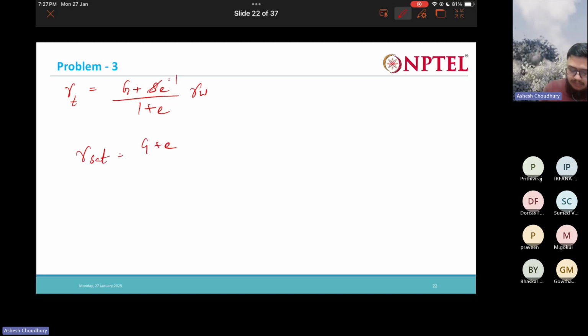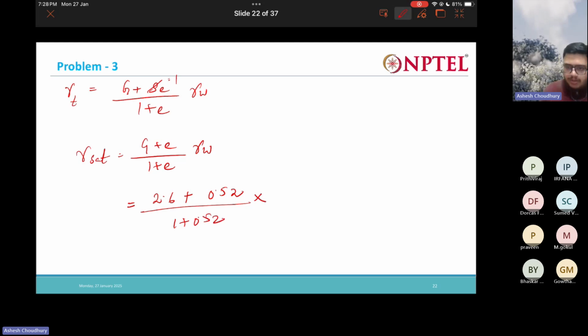So G plus E by 1 plus E gamma W. We have GS 2.6 plus E, which is 0.52, 1 plus 0.52 into gamma W. You can take gamma W as 9.81 or 10. If you take 10, it's going to be 20.53 kilonewton per meter cube, or 2.05 gram per cc.